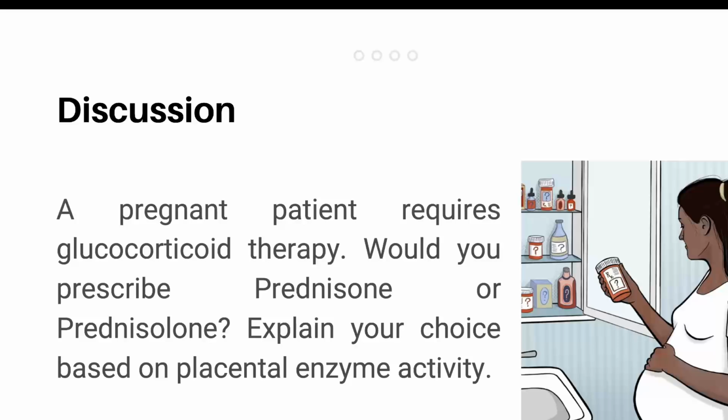It means it is an inactive drug, but needs hepatic enzyme in order to be activated. So as a pharmacist, which one do you think is the preferable form of glucocorticoid? Prednisone or prednisolone?